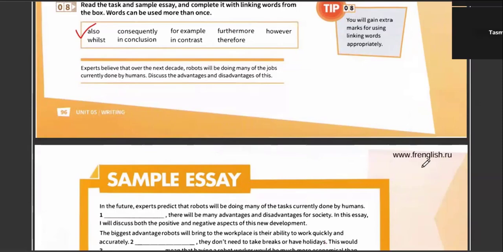So it is one of the most important parts of an essay to give a very good placement of linking words. Okay, so pay very good attention to this.